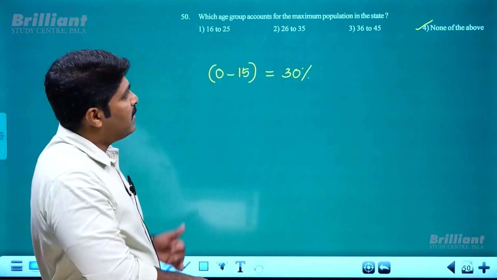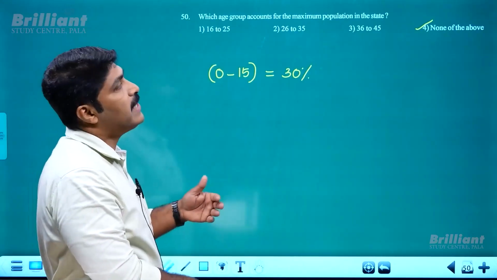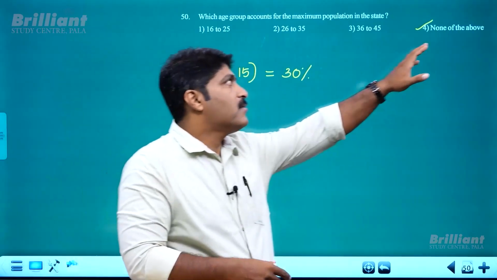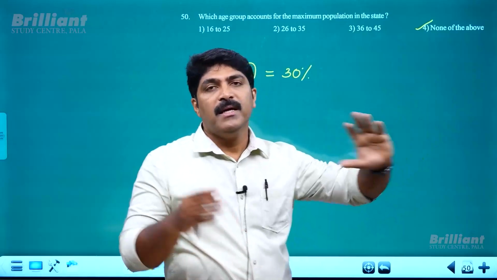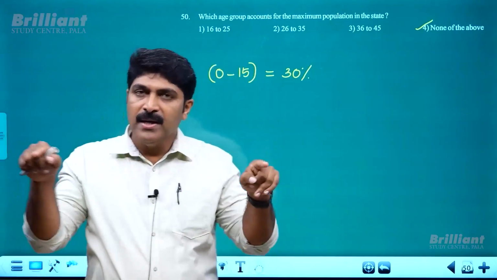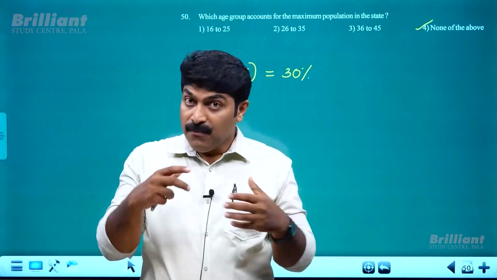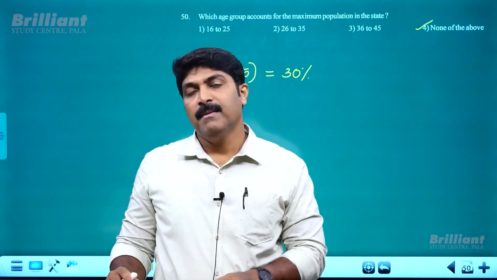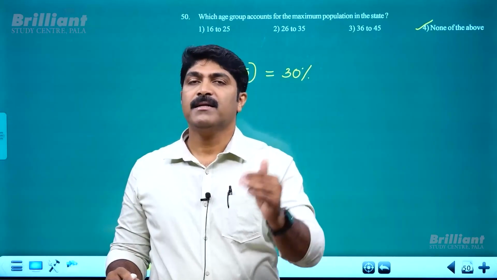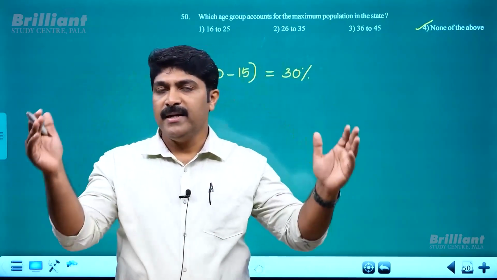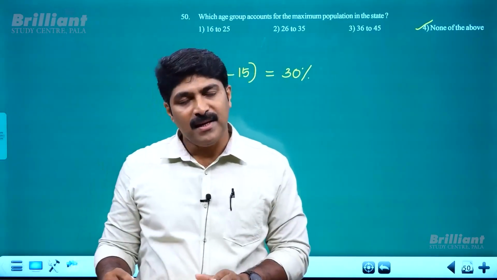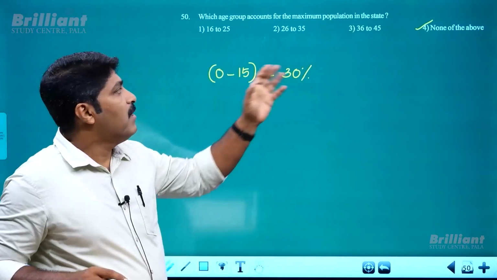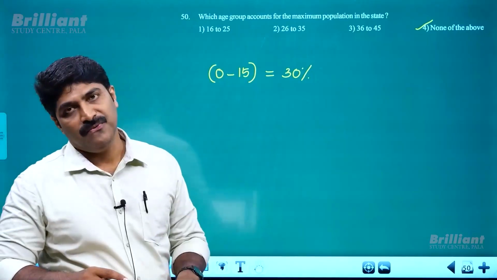Now, if it were misinterpreted as which among the following contains the maximum percentage, at that time only you have to consider the options given, and if the fourth option had another age group, then only you have to think about which of the given options accounts for the maximum population strength. But in this question, it's a plain direct question. While we are considering the entire population, which group contains the maximum percentage, no doubt that is the group of children at the age group of 0 to 15.